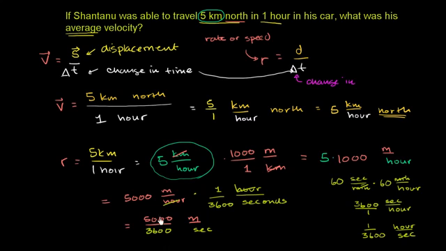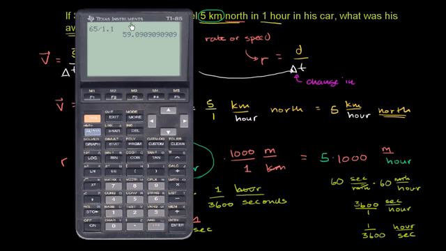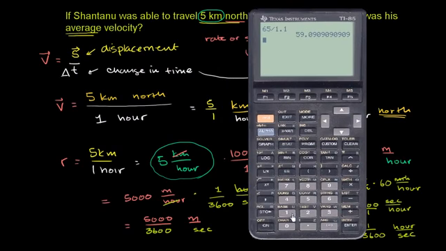I could do this division by hand, but just because this video is already getting a little bit long, let me get my trusty calculator out. 5,000 divided by 3,600 is really the same thing as 50 divided by 36. That is 1.39, I'll just round it.